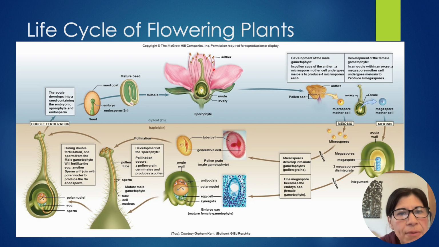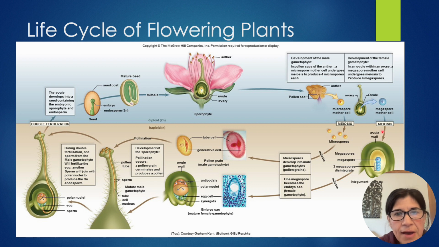So to recap, the male anther contains cells that are undergoing meiosis to produce the pollen, basically, because the pollen has the sperm, right? So that's the male gamete. That pollen will land on the stigma.